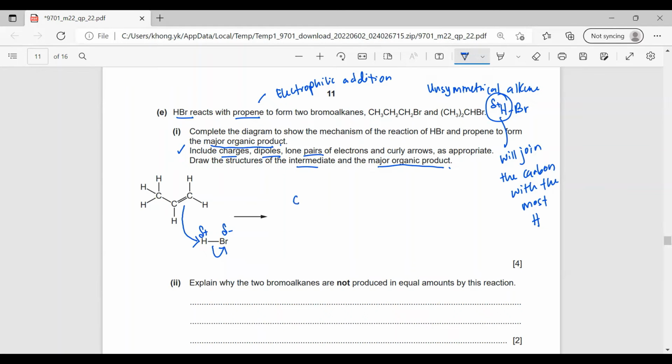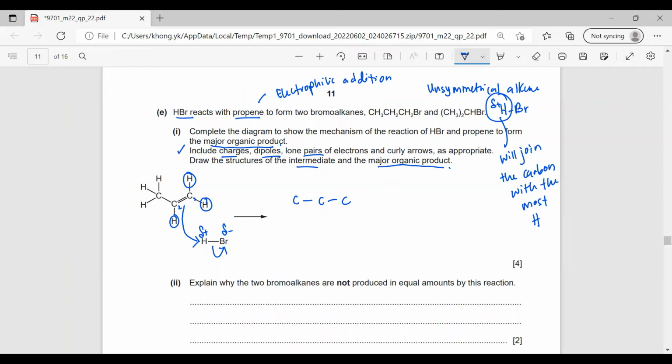Then after that, we will draw the intermediate. Like what I said, we have this carbon number 1 and this carbon number 2 to attach with the H. But if you look at carbon number 1, there are 2 hydrogen, but carbon number 2 has only 1 hydrogen.